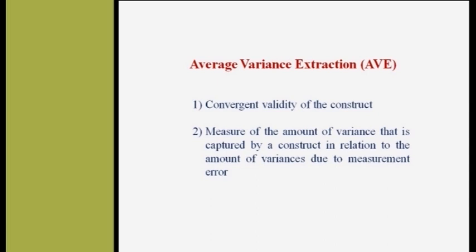That means this is the expected, so it is called the expected reference. Okay, so next, what is average variance extraction? It is a measure of the amount of variance that is captured by a construct in relation to the amount of variance due to measurement error.